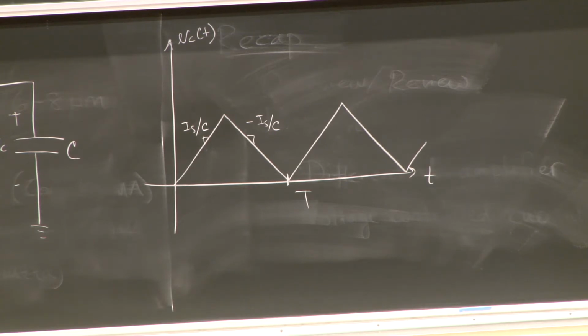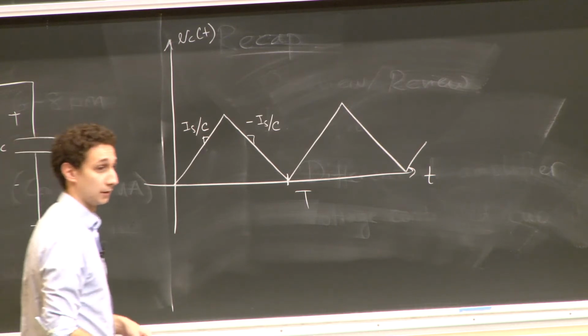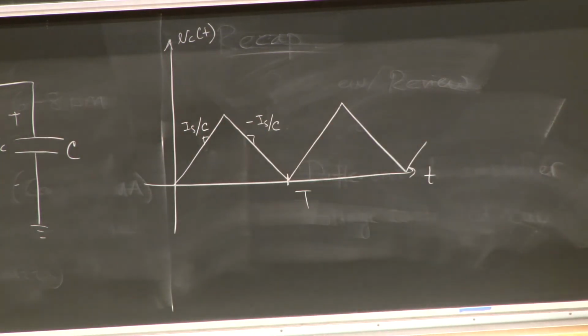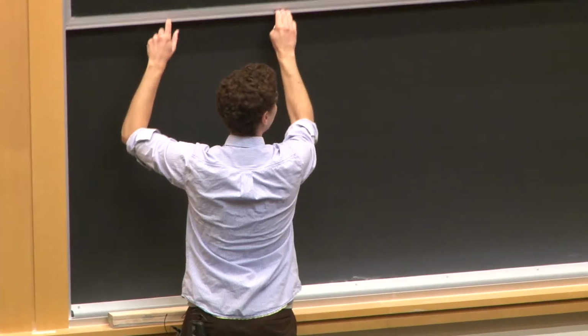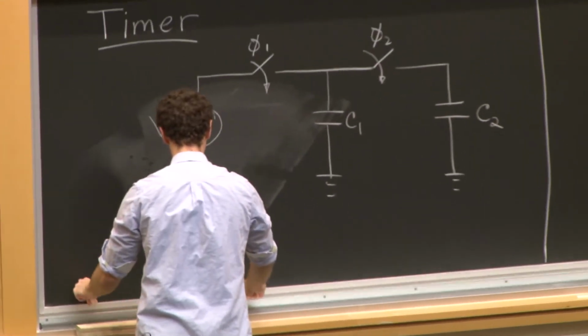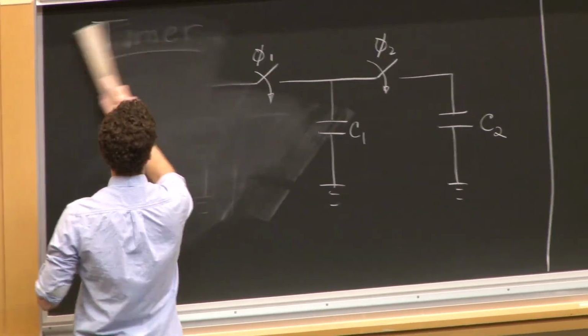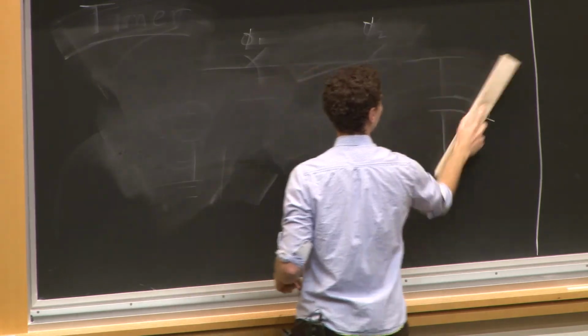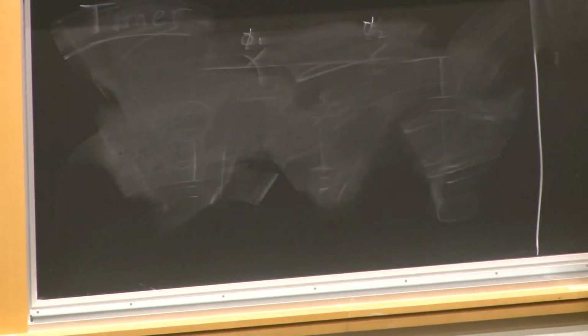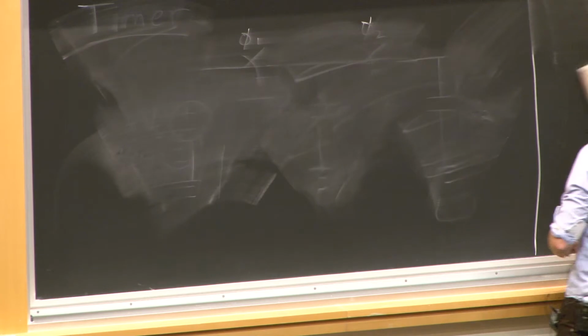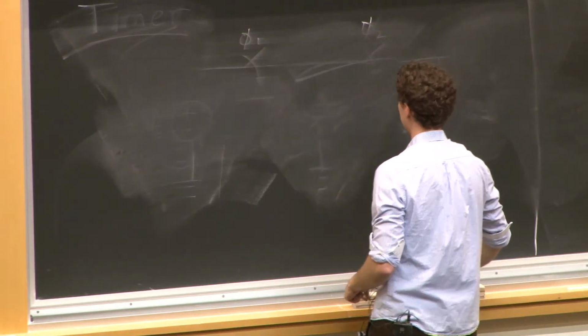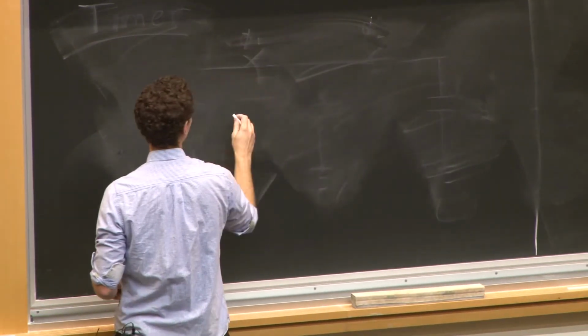Now the first question is, how can we take this result and turn it into the square wave that we had earlier? You have a suggestion? We could use a comparator, yeah. So let's do that. Take our same capacitor charging and discharging circuit.